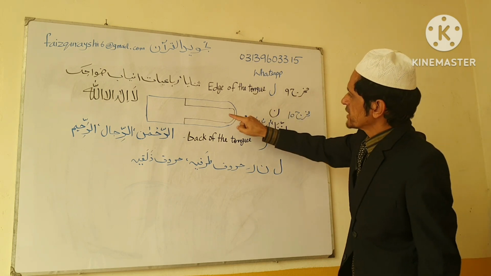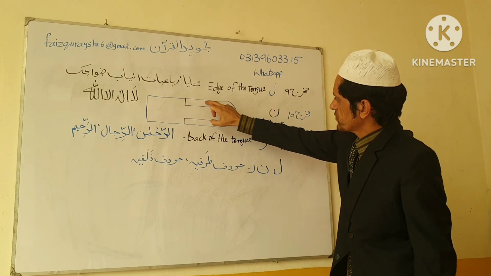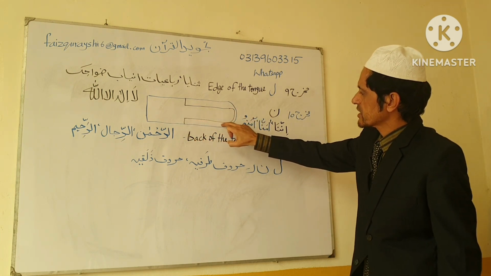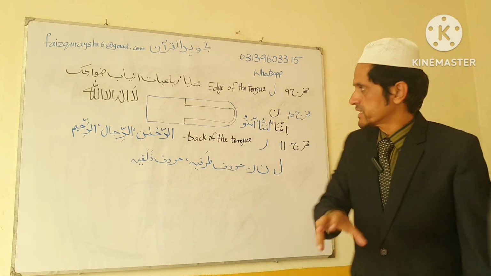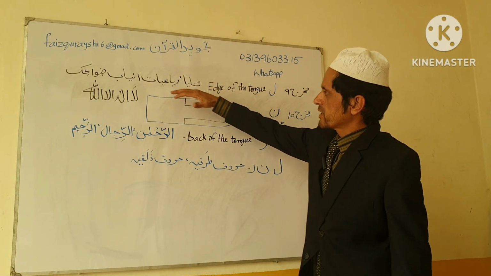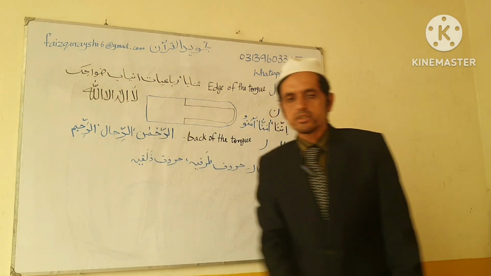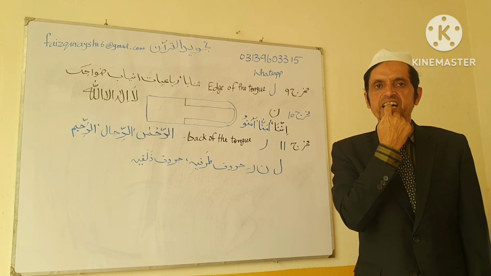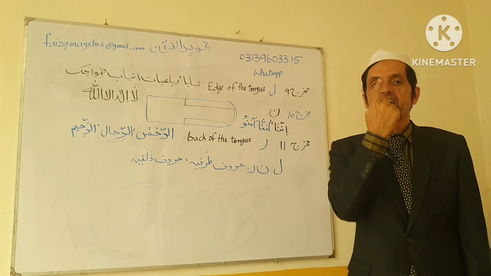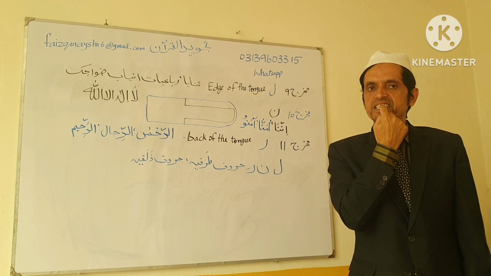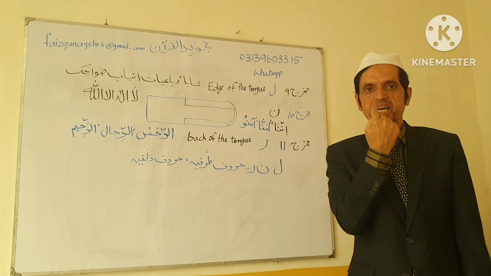Okay, and this is the edge of the tongue. This is from here, the whole of this place, this is called edge of the tongue. Okay, and Thanaya, Rabayat, Anyab, Dawahik. You see, these two teeth are called Thanaya, Thanaya Ulya. And then next to these, one on this side and one on this side, they are Rabayat.